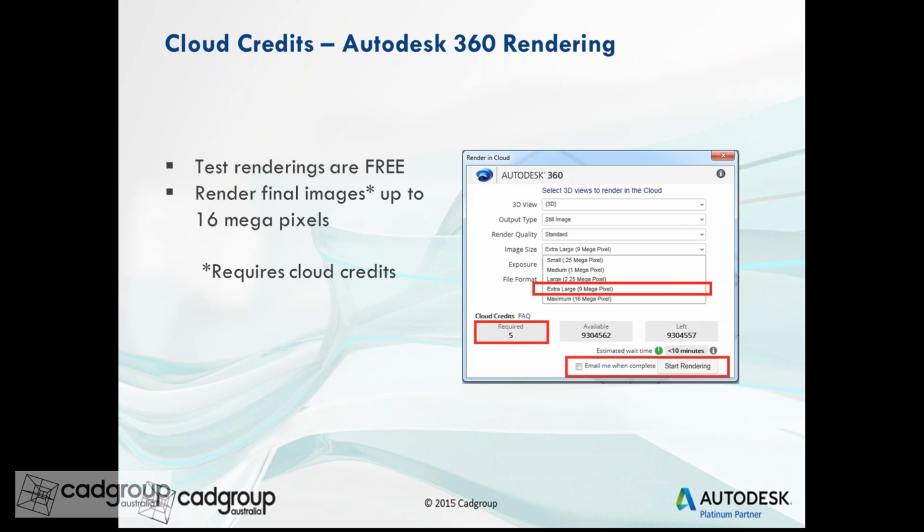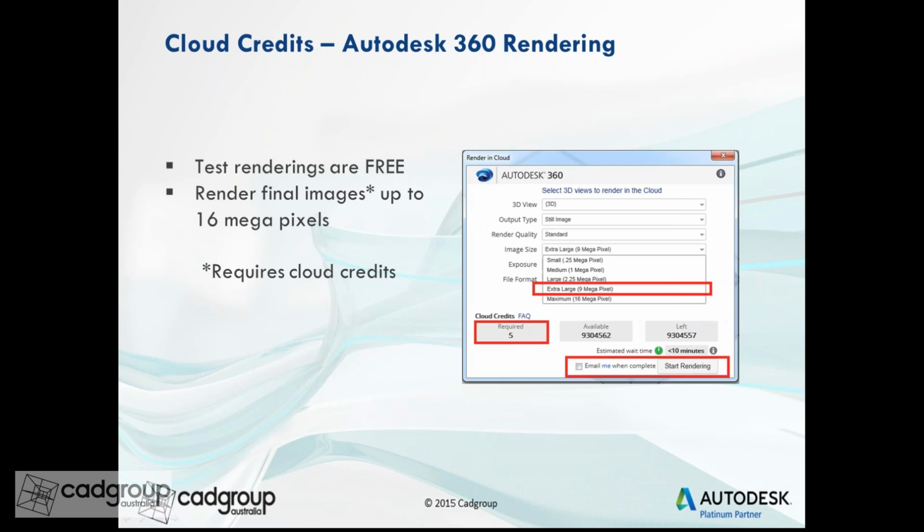This will be the screen you'll get when you use the feature called render in cloud. Generally, test renderings are free, and rendering at different resolutions depends on that. Currently you can render up to 16 megapixels, and that determines how much cloud credit you require to render that particular size.